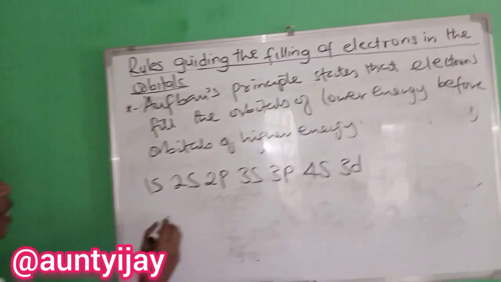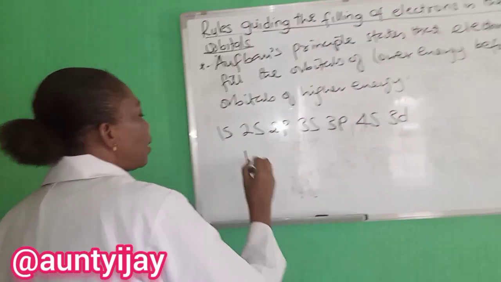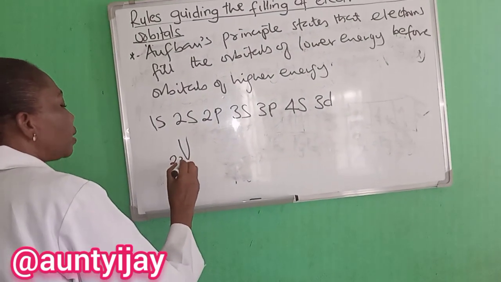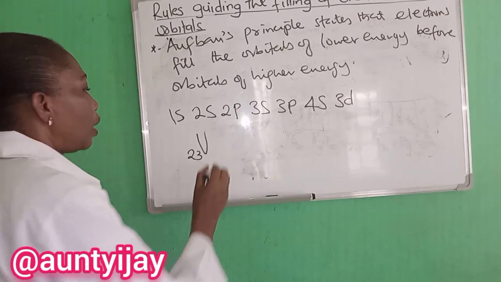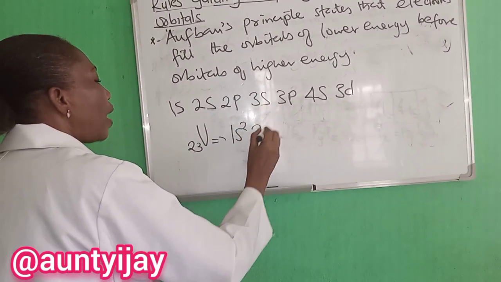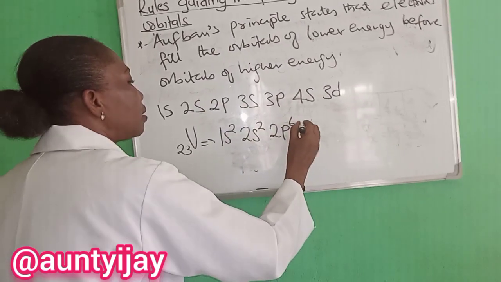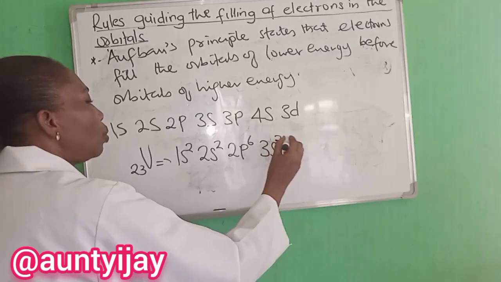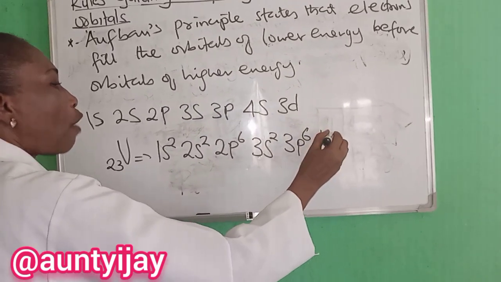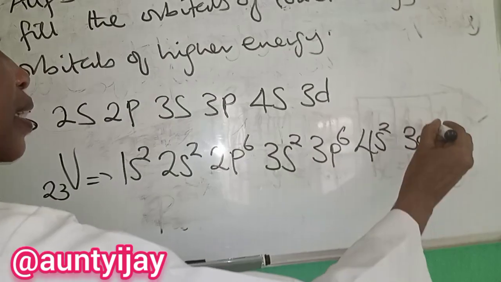And then, how do we do that? In transition elements, let's take a look at vanadium. Vanadium has atomic number 23. If we are to fill, we have 1s2, 2s2, 2p6, moving according to this, 3s2, 3p6. Then we fill the 4s, 4s2, and then we write 3d3.